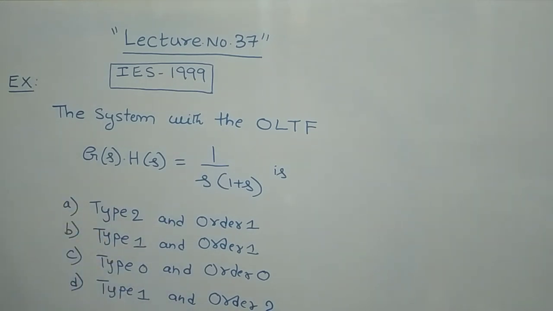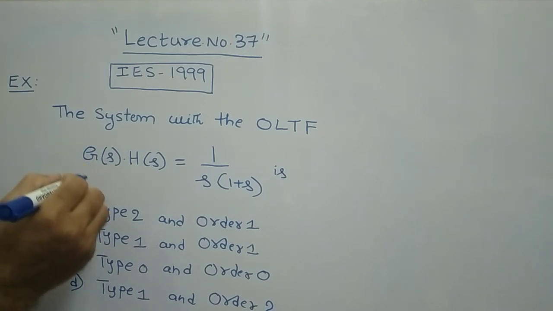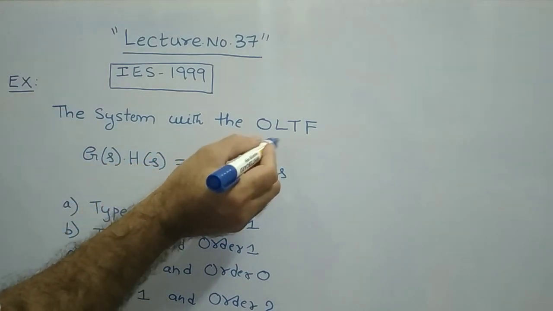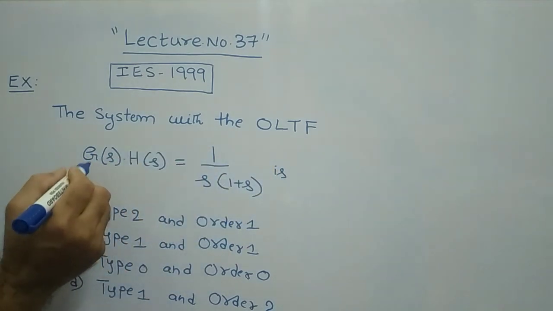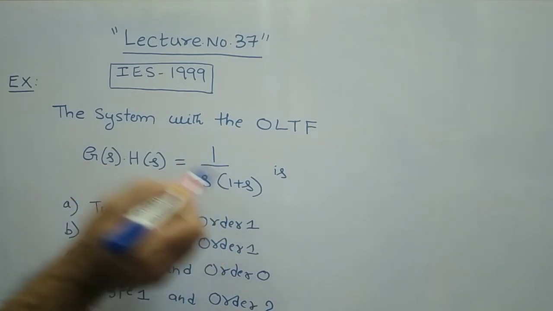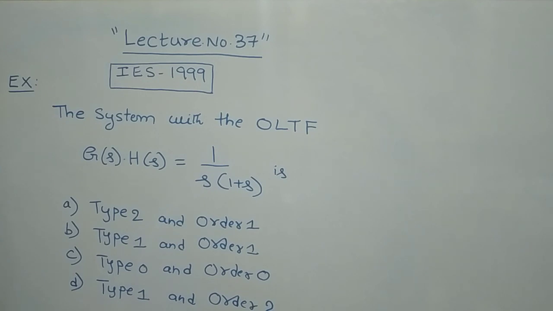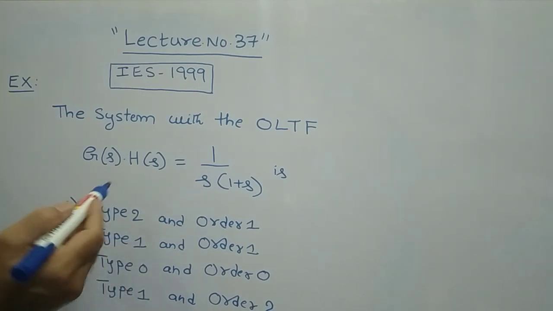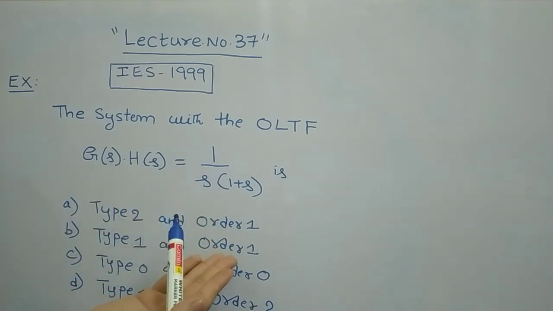So you need to find out, for the given OLTF, G of S into H of S equal to 1 by S into 1 plus S, the type number and the order number.